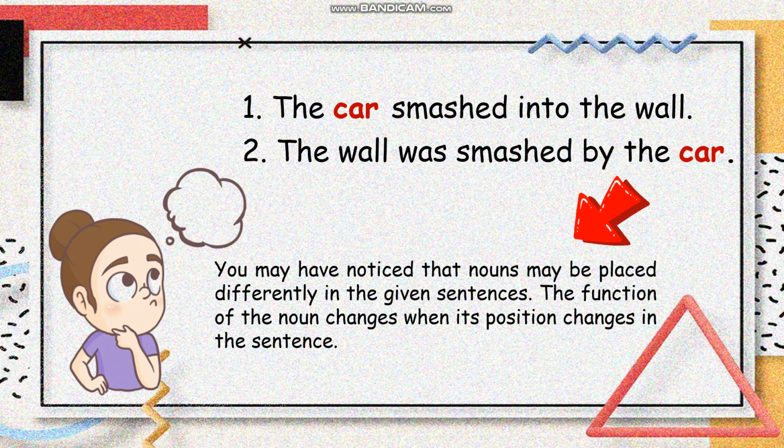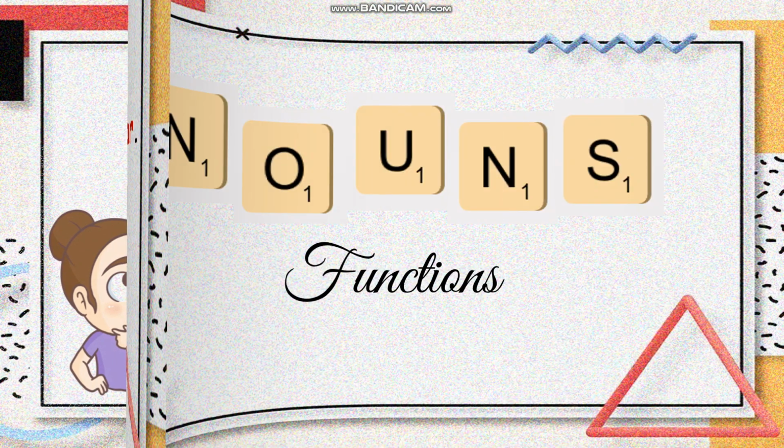It means they are not the subject themselves. It means if a noun changes its position, it also changes the function of the noun. Now, to make it a bit clear for you, I know you are wondering at this particular moment. Now, let's have a specific example.